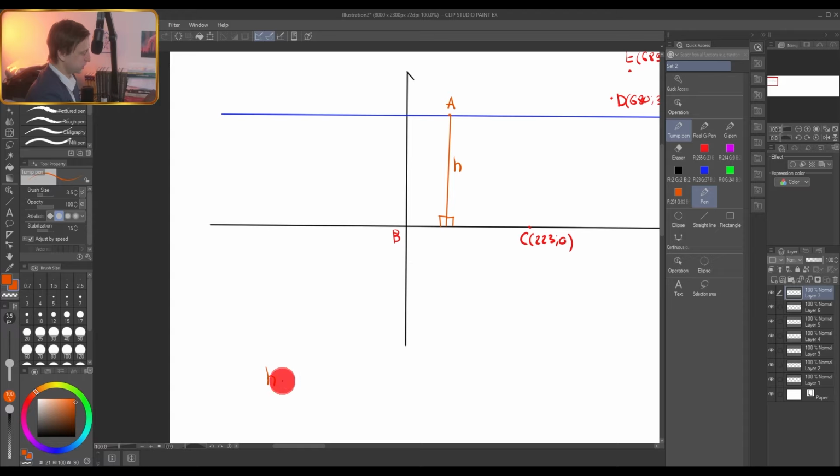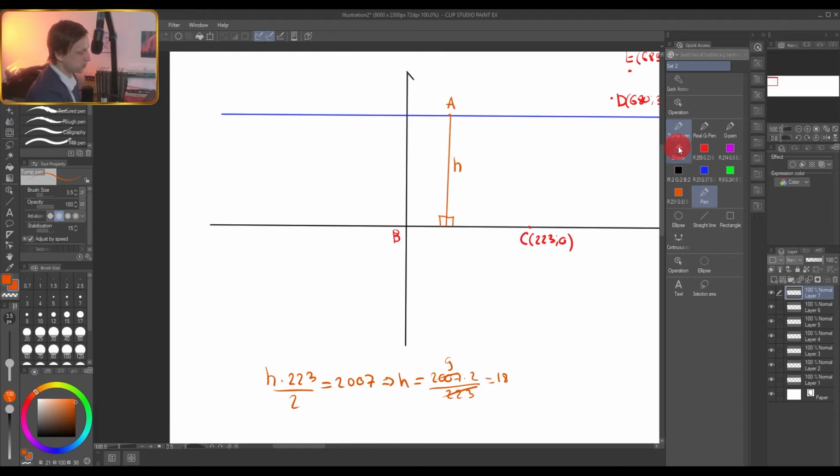So it will be h times 2003 over 2, which is the area of triangle ABC, and it should be equal to 2007. And after that, you find h. In this case, h will be 2007 times 2 over 2003, and the numbers here are chosen well, so 2007 over 223 is simply 9, so it's 9 times 2, which is 18.